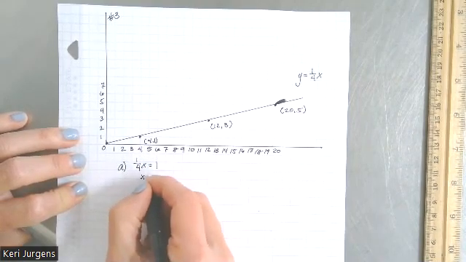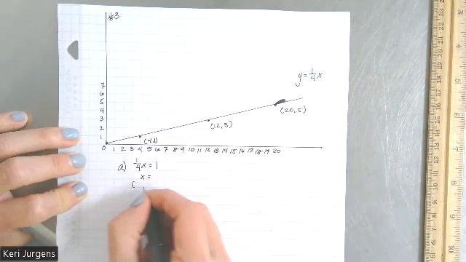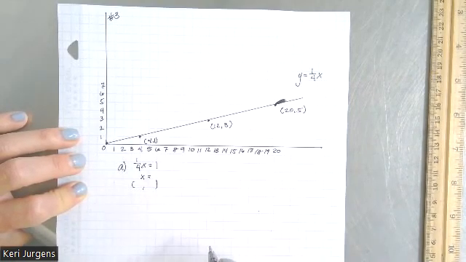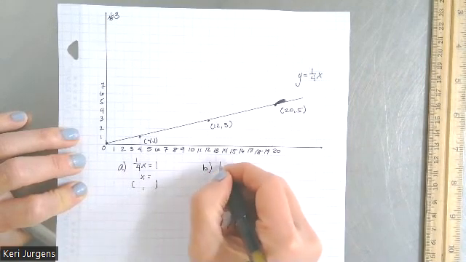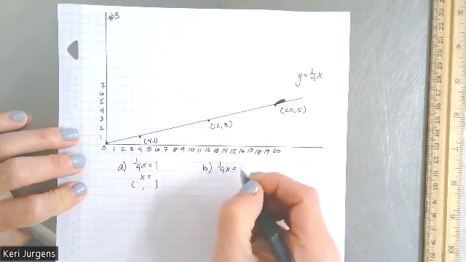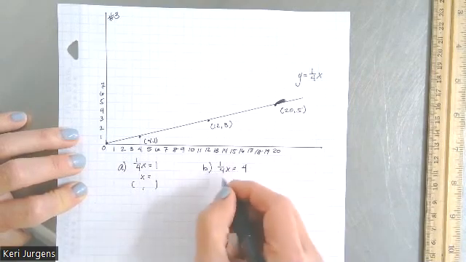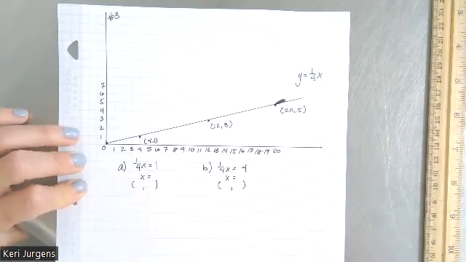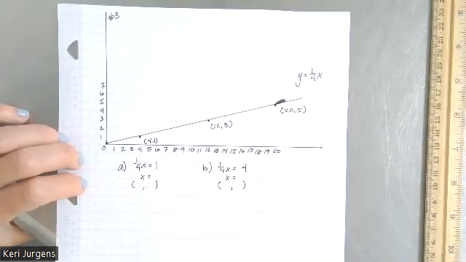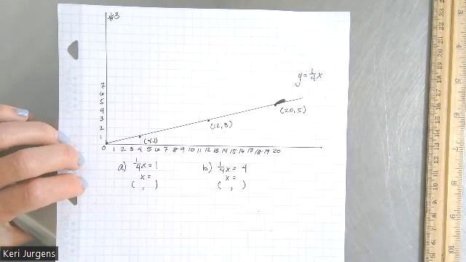You're gonna find what x equals, and then you're gonna write the ordered pair. In letter B, 1/4 x equals 4. So go ahead and find x, and then write the ordered pair.